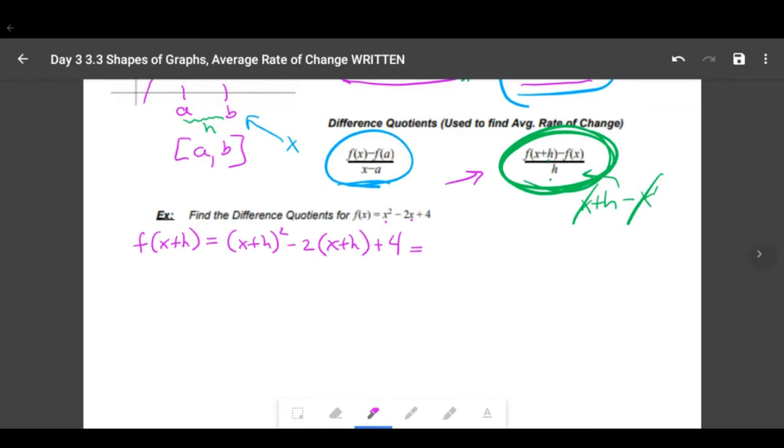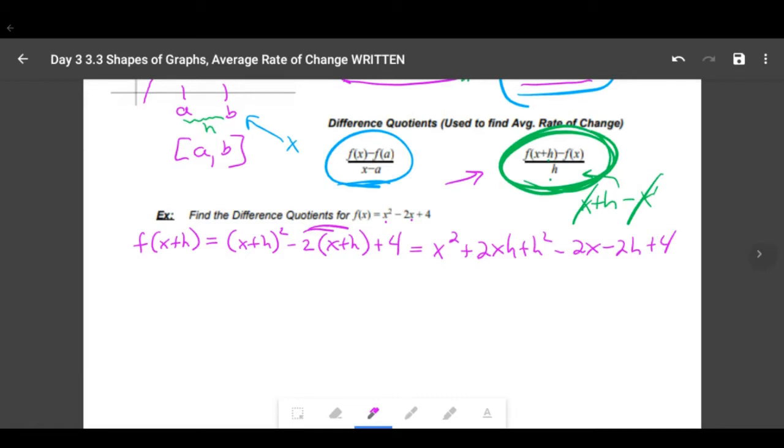So you have a binomial that's squared, so please be careful. If you've got to write it twice and multiply it out, that's fine. Otherwise, some of you can jump right to, all right, that's x squared plus 2xh plus h squared. If I distribute the negative 2 here, I have minus 2x minus 2h, and then I've got the plus 4. So that whole thing is f of x plus h.